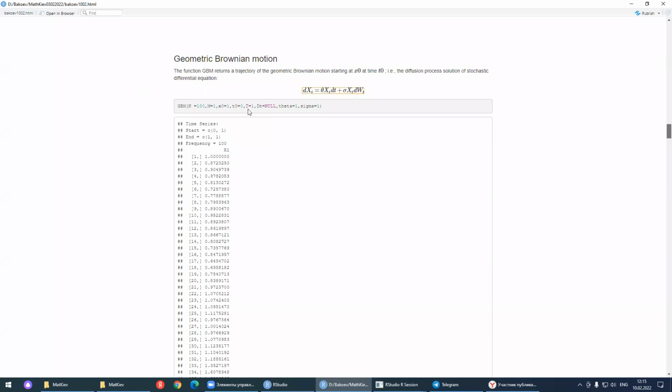Please pay attention to this geometric Brown motion. In the previous lecture, I mentioned that the Black-Scholes model and a lot of models in finance, in option pricing, use this geometric Brown motion.